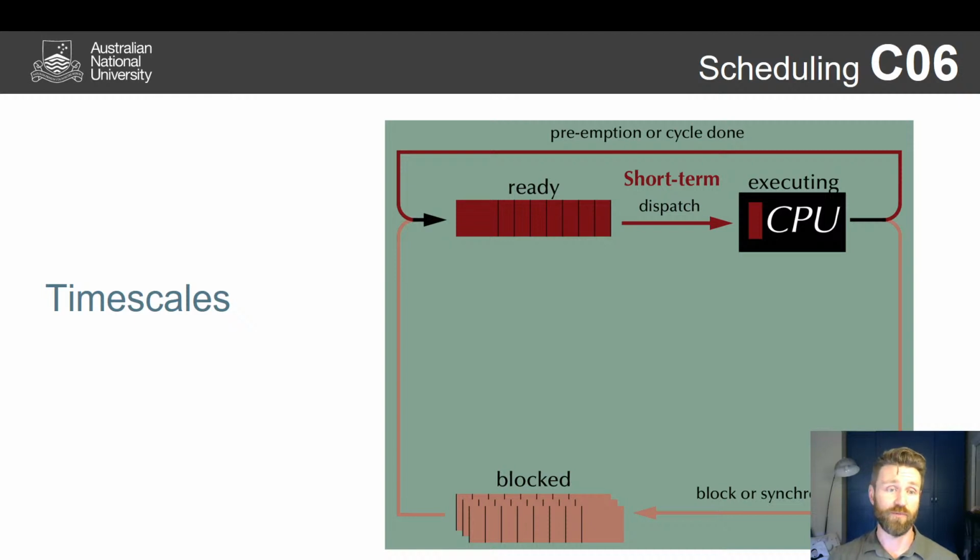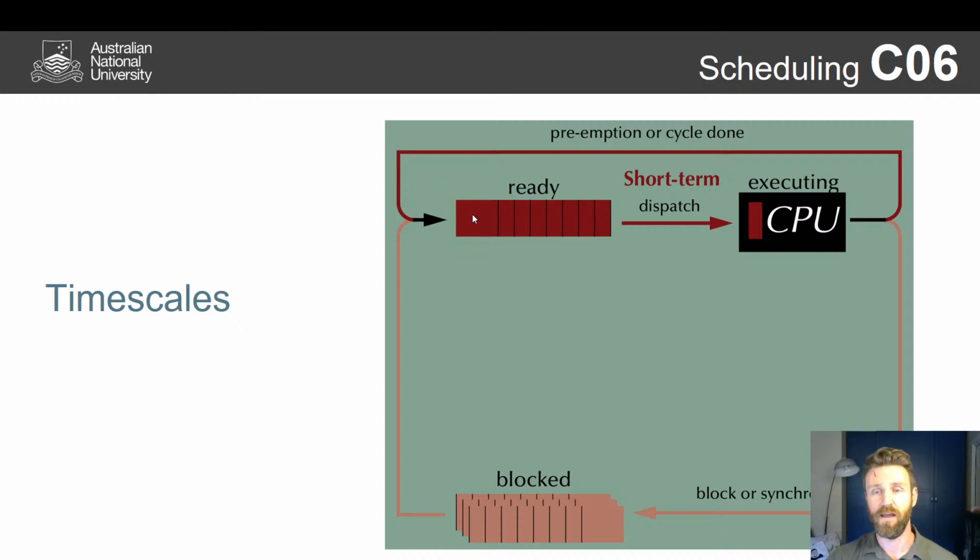Okay, the other thing that we should be aware of is the different timescales on which we might be performing scheduling. So in a typical system, there may be multiple timescales on which particular operations can happen. Thinking back to our operating system scheduler from much earlier, I think week 1, we were talking about operating system scheduling, and thinking about the cycle that we have between processes that are ready to execute, processes that are actually executing on the CPU, and they may be going backwards and forwards between these two states, ready and executing, depending on time slicing or preemption.